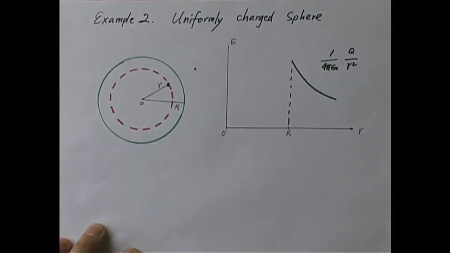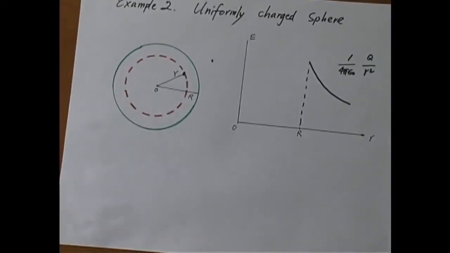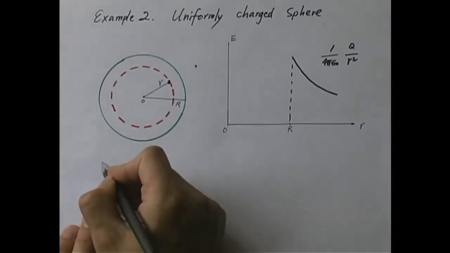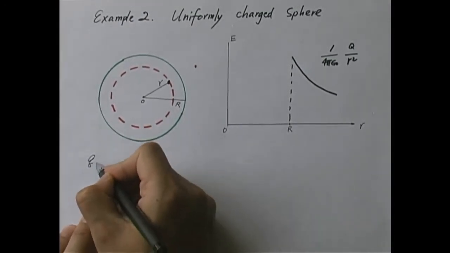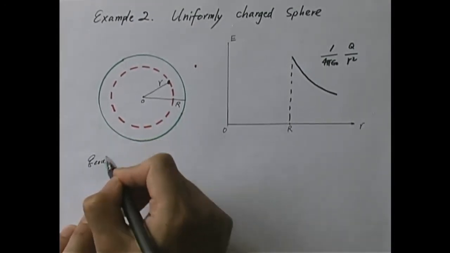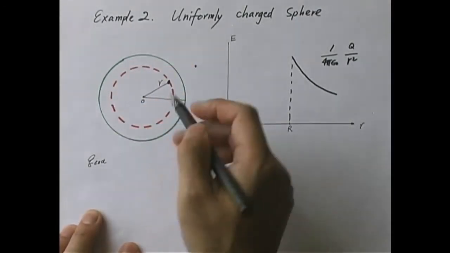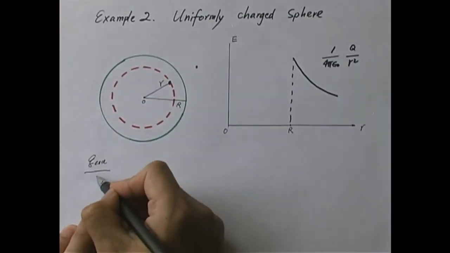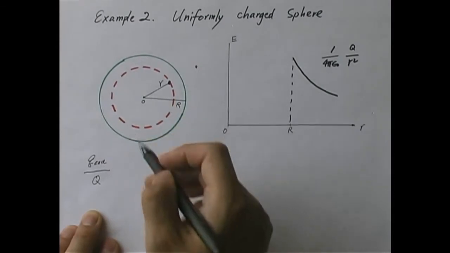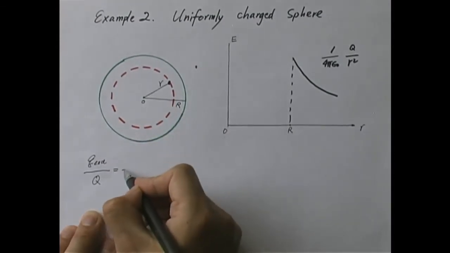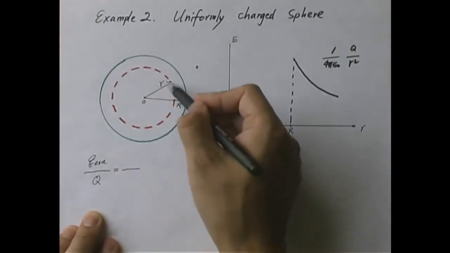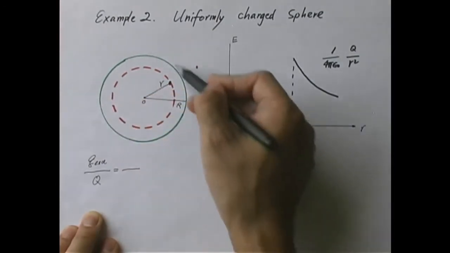Well, if it's a uniform distribution of charge, then we know that the charge enclosed, Q enclosed, is a fraction of the total charge. The ratio Q enclosed over big Q should be what? The volume of this region over the volume of the entire region, right?